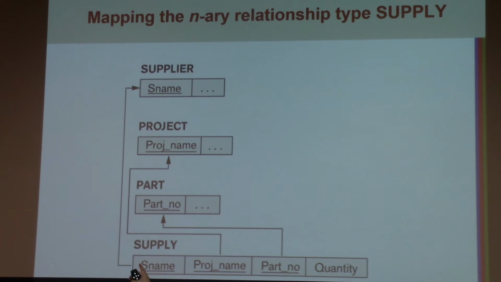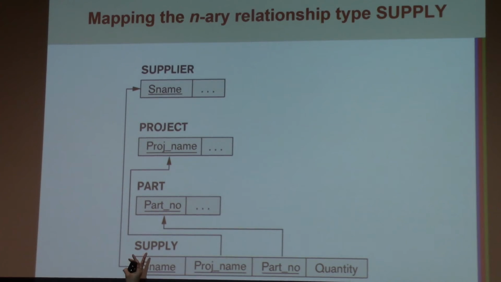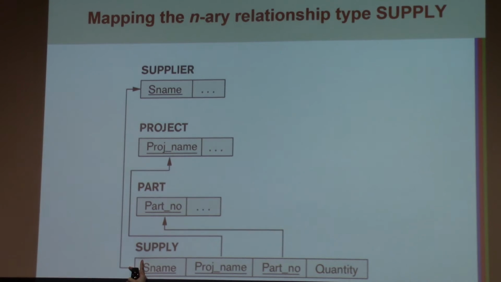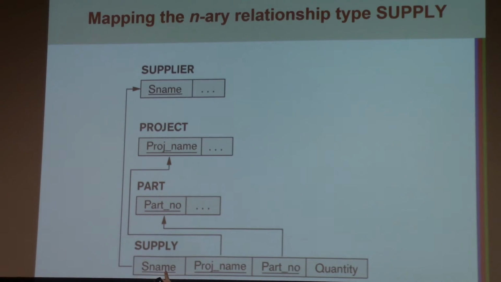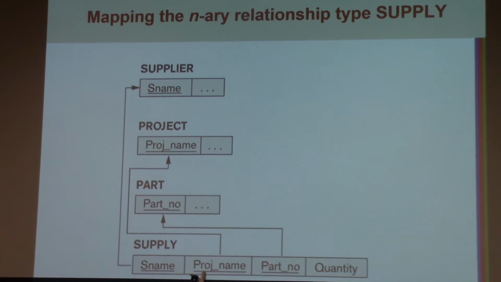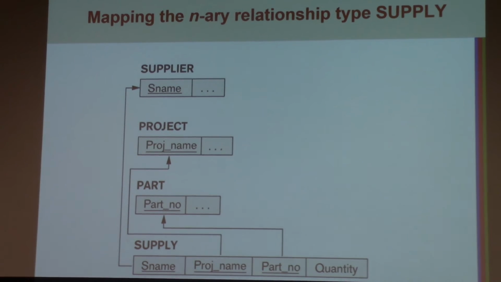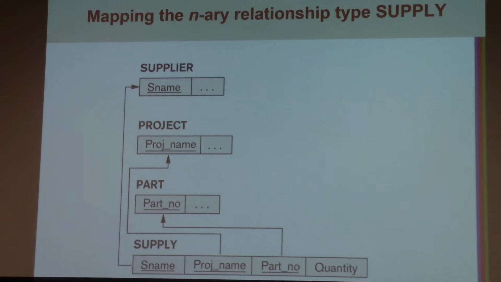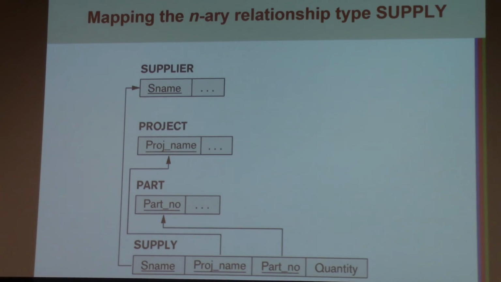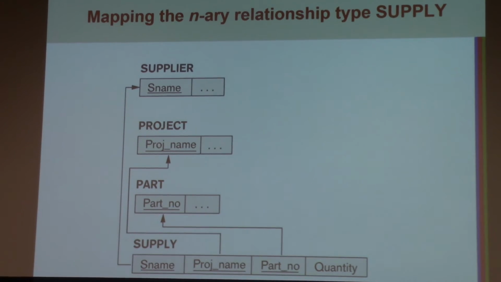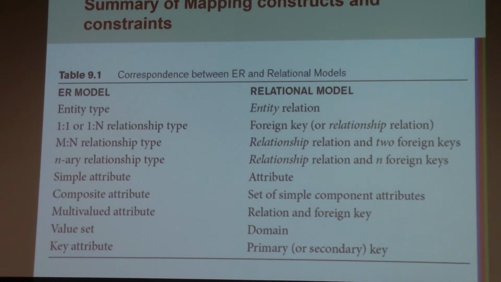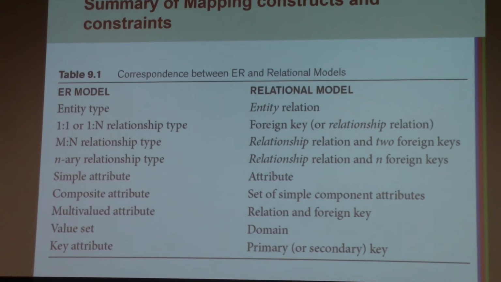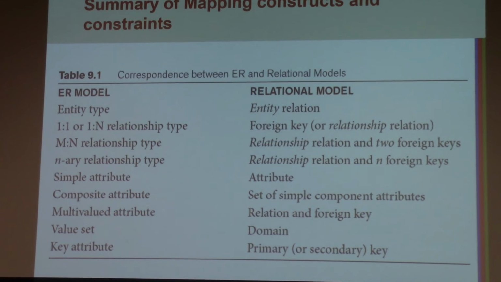Or you can create a supply ID as the primary key, and these will be foreign keys. Either way is fine, depending on the situation or your understanding of your database. Okay, so this is the example of the ternary relationship. This is the summary of what we have discussed so far. So, any question?